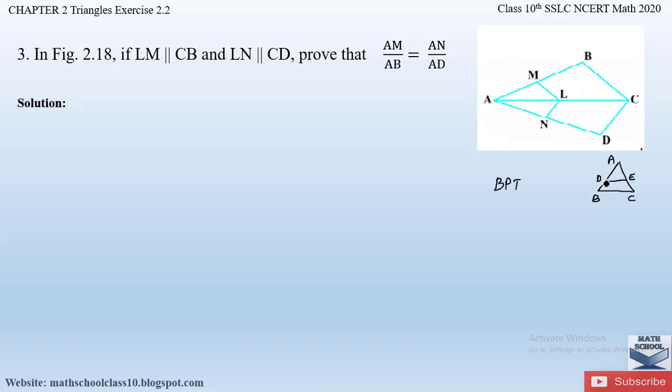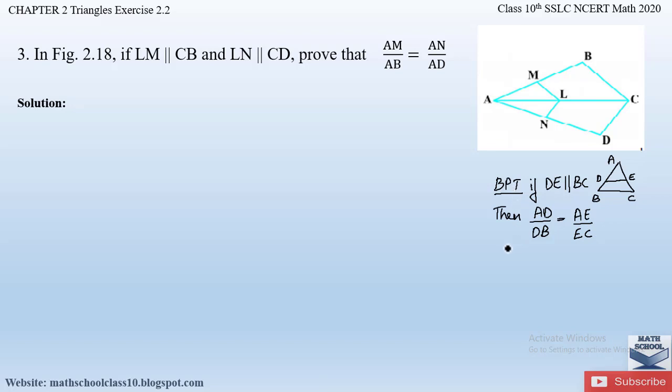So here you can see that DE is parallel to the side BC and it divides the other two sides AB and AC in equal proportions. That is, AD by DB is equal to AE by EC. Okay, this is the basic proportionality theorem.